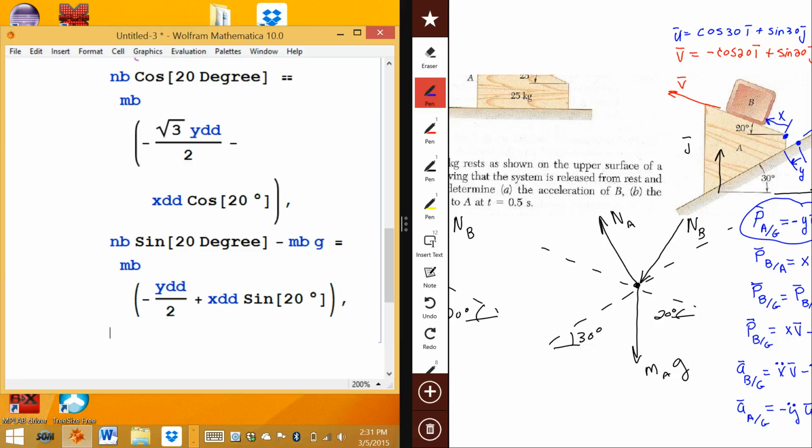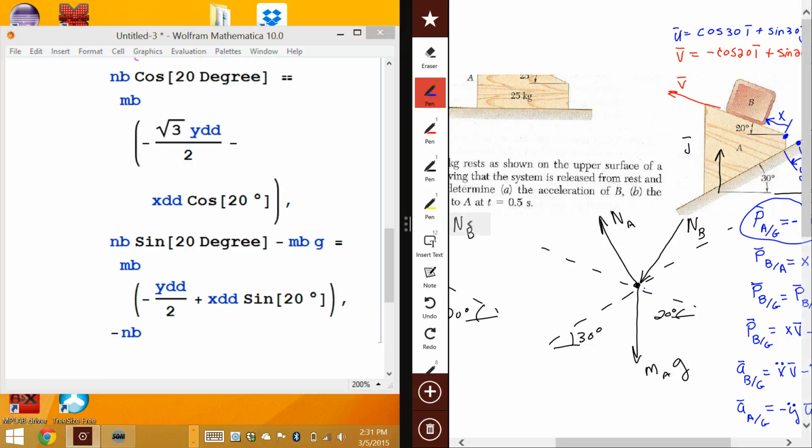So that would be, in the I direction, I have minus NB times the, let's see, let me get an angle here. Right, so there's the horizontal. This angle here is 30. This angle is 20.